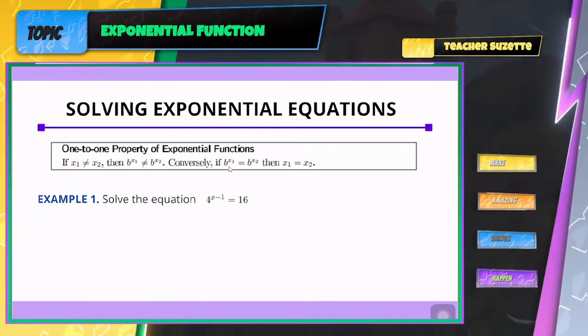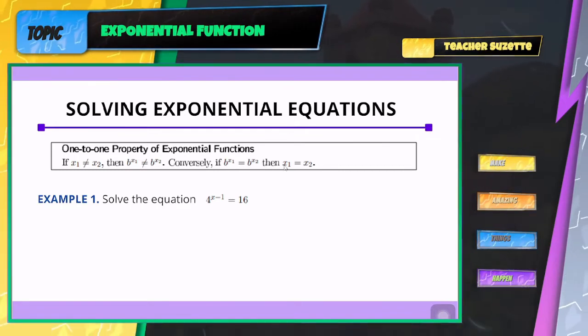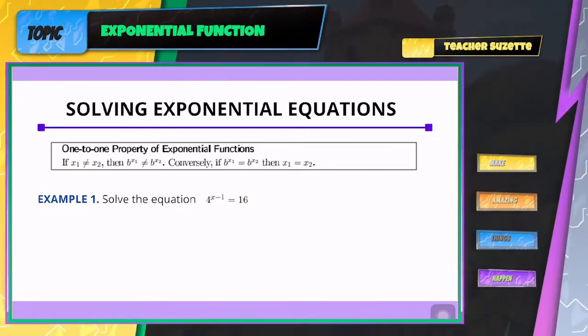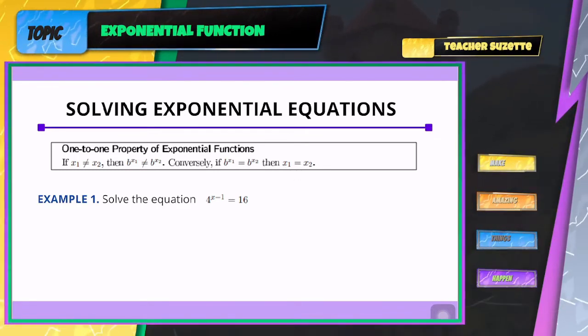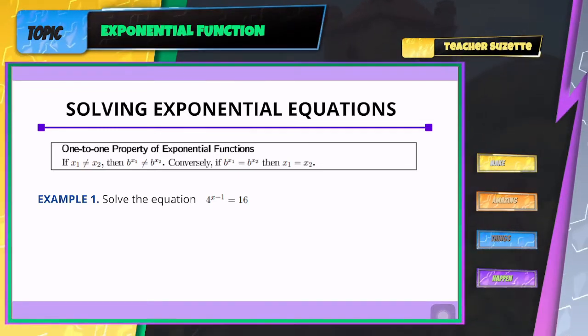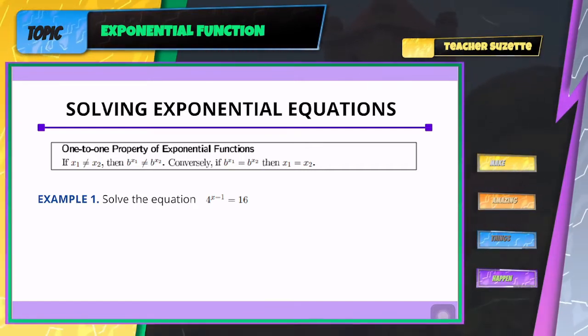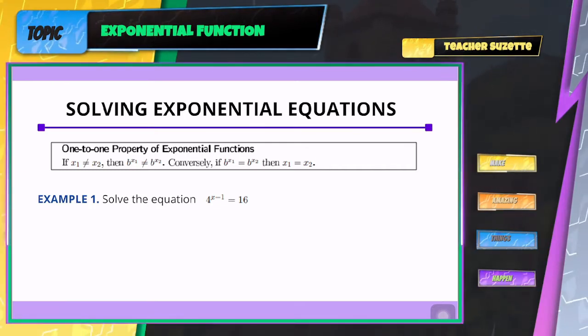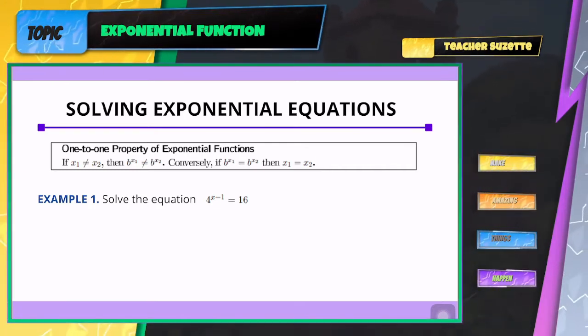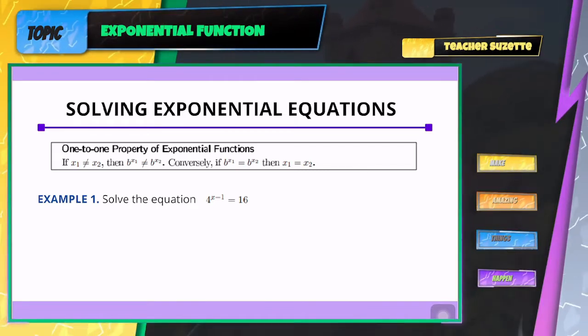Conversely, if b raised to x sub 1 is equal to b raised to x sub 2, then x sub 1 is equal to x sub 2. So, in other words, when an exponential equation has the same base on each side, the exponents must be equal. So, yun po yung gagamitin natin, yung concept po ng one-to-one property of exponential function to solve for exponential equations.